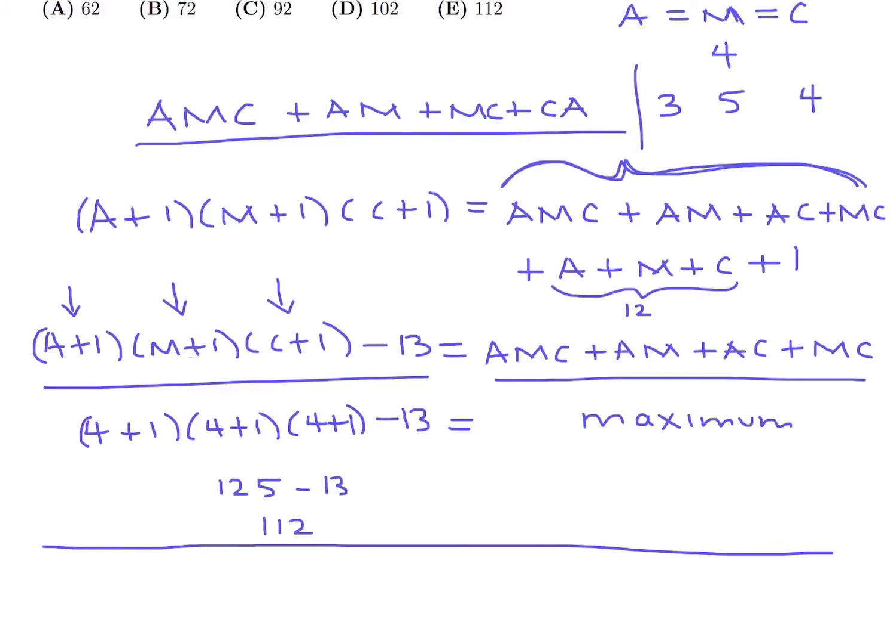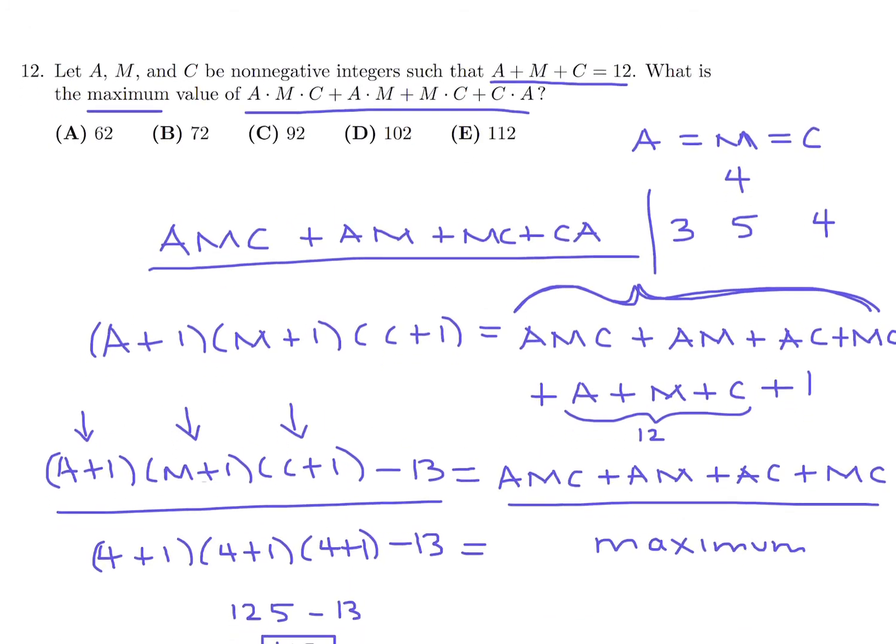We'll have, therefore, 4 times 6, because I'm adding 1, times 5, minus 13. And this will give you 120 minus 13, which is 107. And similarly, any other combination for a, m, c would not give a number as high as 112. So the answer for this is E.